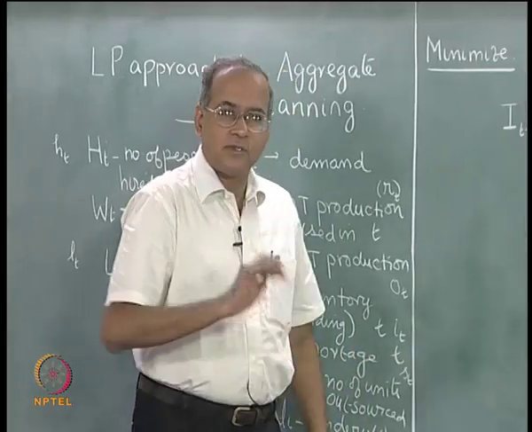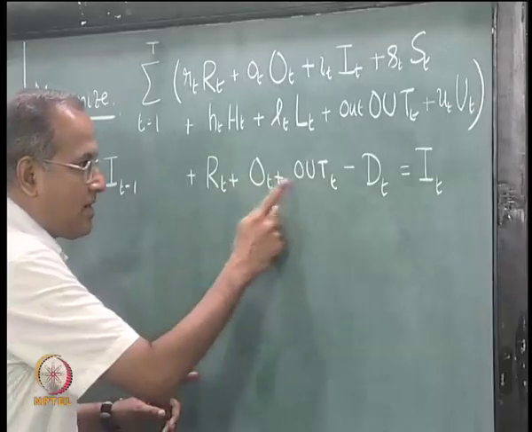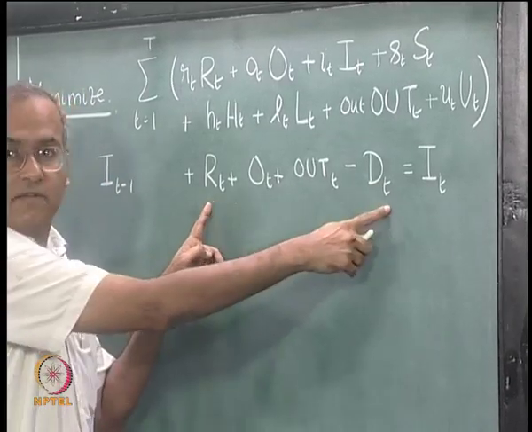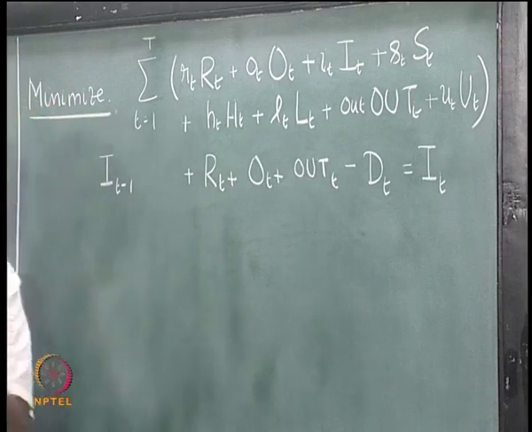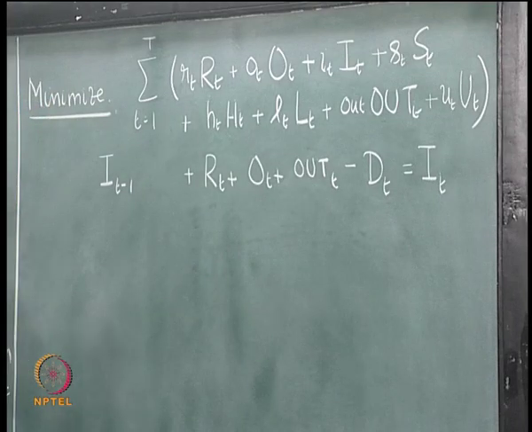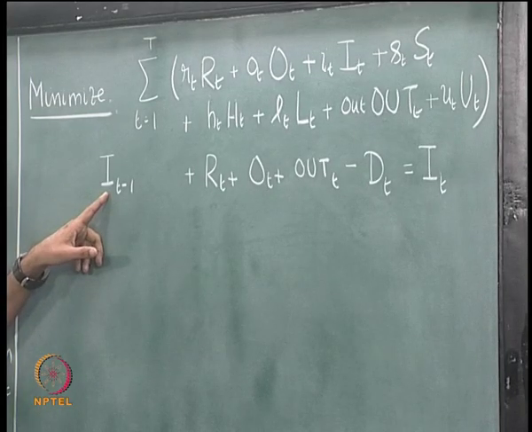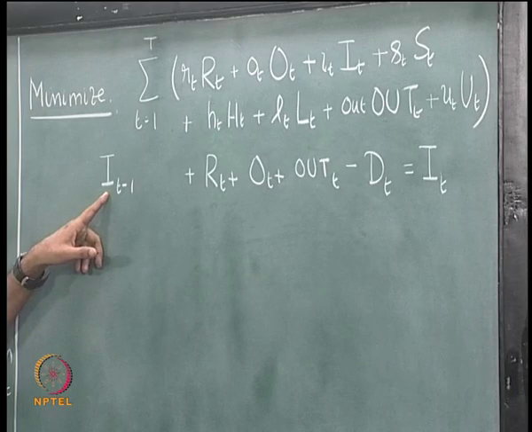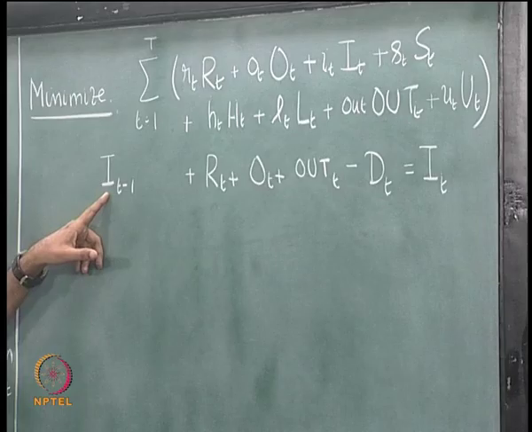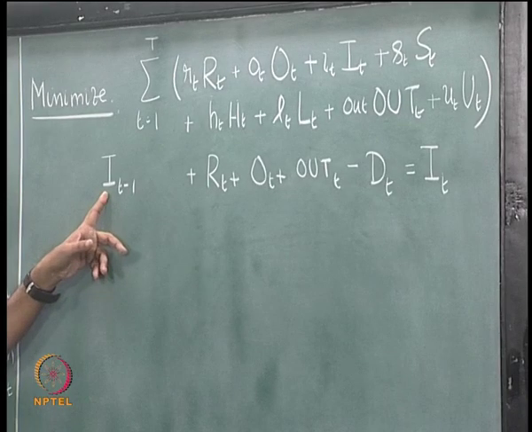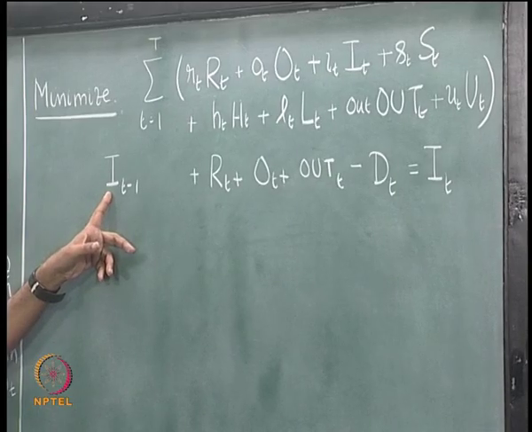So, one way is to say that now these quantities are all greater than or equal to 0, these cannot be negative, but if we start defining IT as the inventory at the end of the previous period, and if there is shortage, then IT and IT minus 1 can take negative values, which means in the linear programming formulation IT has to be defined as an unrestricted variable which can take positive value or a negative value.